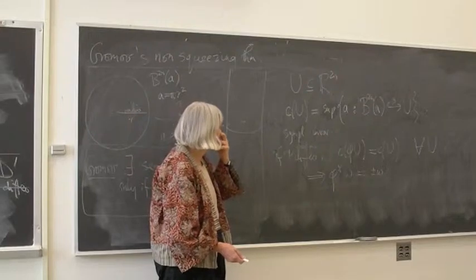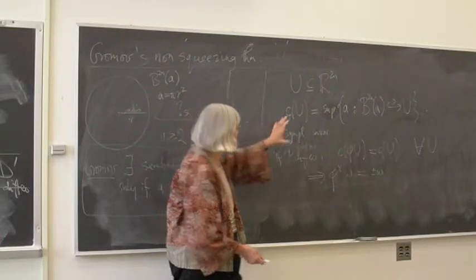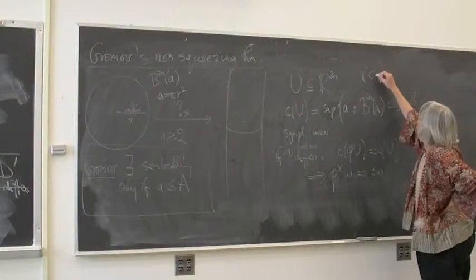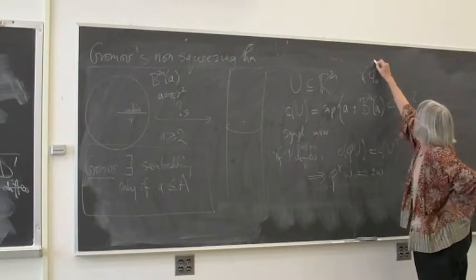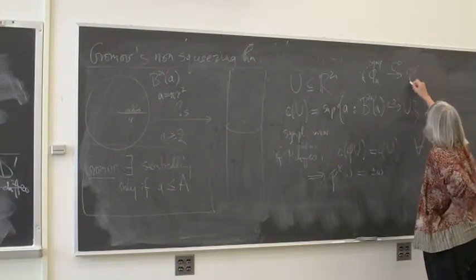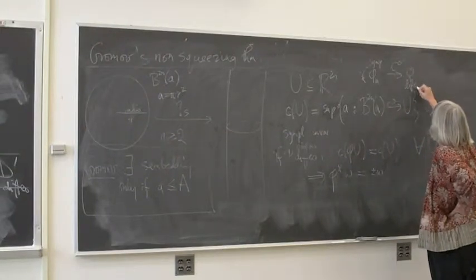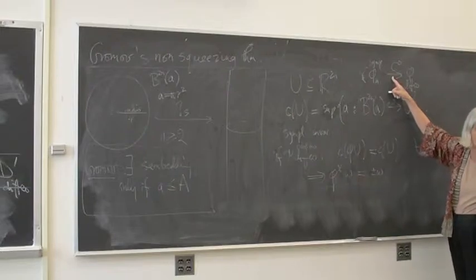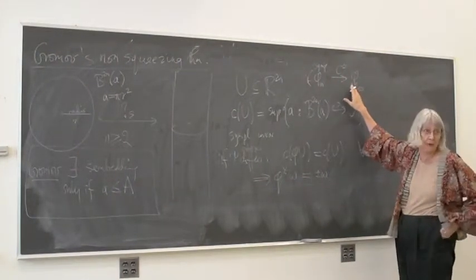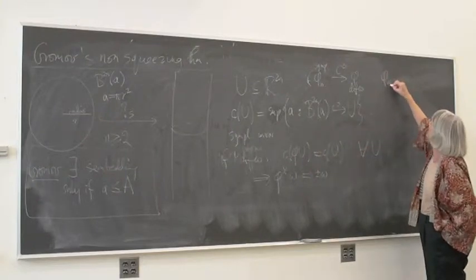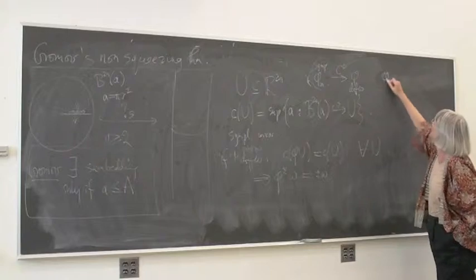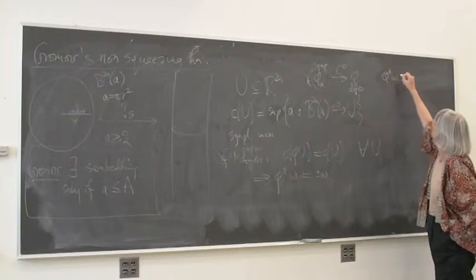One of the consequences of this is that if you have Pn, which are symplectic morphisms, and they converge C0 to phi, which is a diffeomorphism, so in a uniform norm, you forget about the convergence of derivatives, but just pointwise they converge to this diffeomorphism, then that implies that phi is a symplectic morphism.